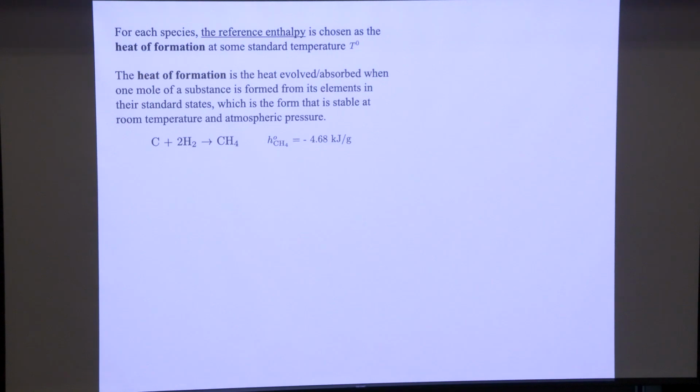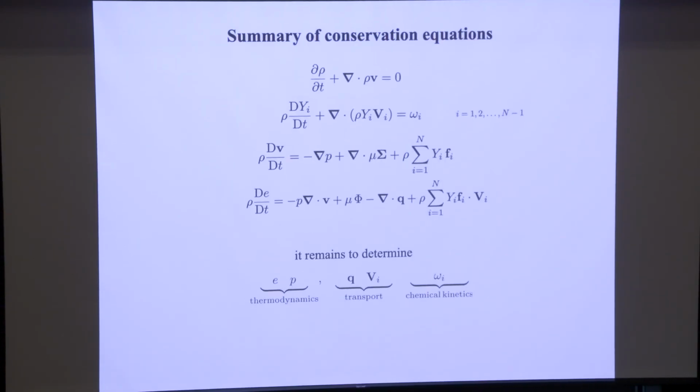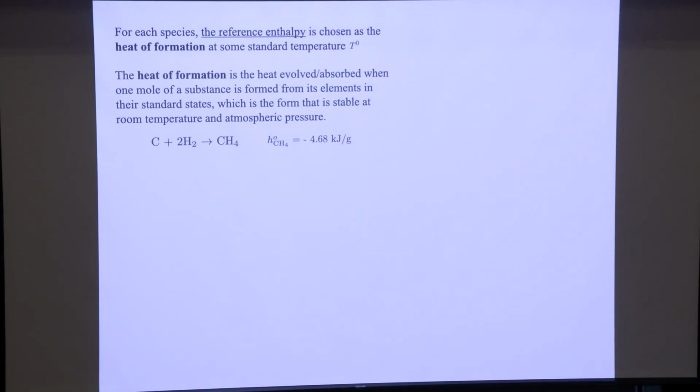So how do we choose the reference enthalpy? For each species, the reference enthalpy is chosen as the heat of formation at some standard temperature T naught. The heat of formation is defined as the heat that is evolved or absorbed when 1 mole of substance is formed from its elements in their standard state.